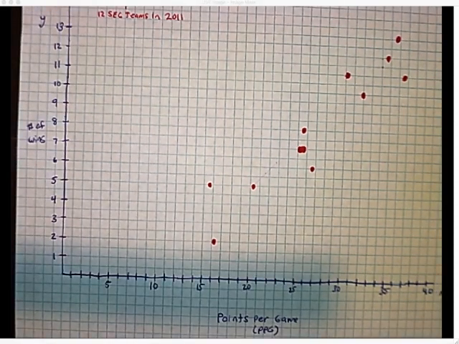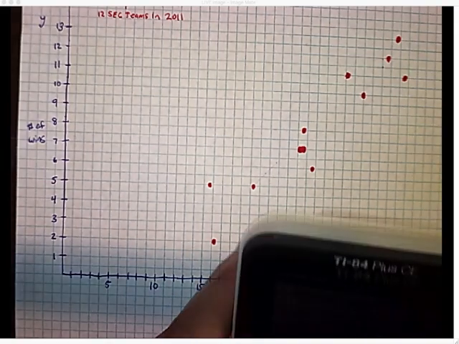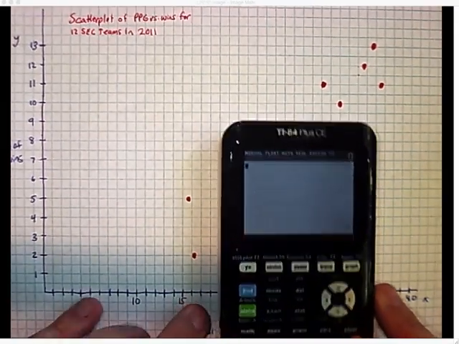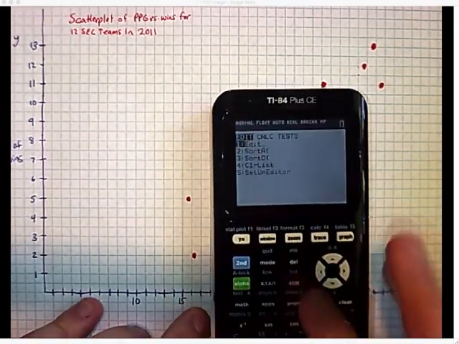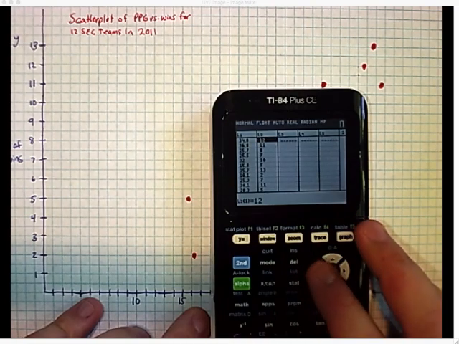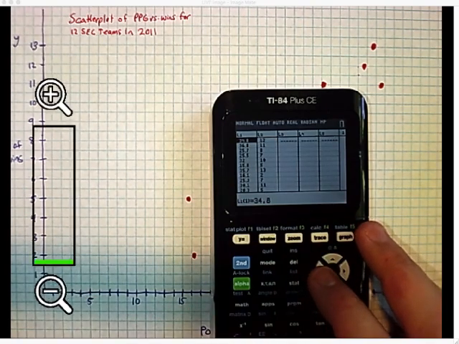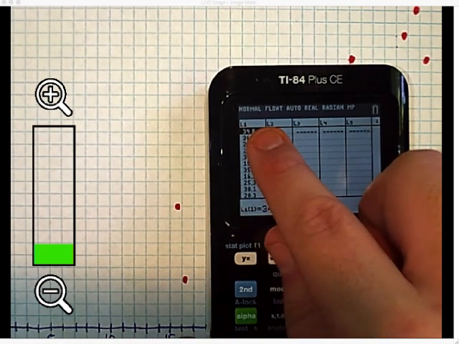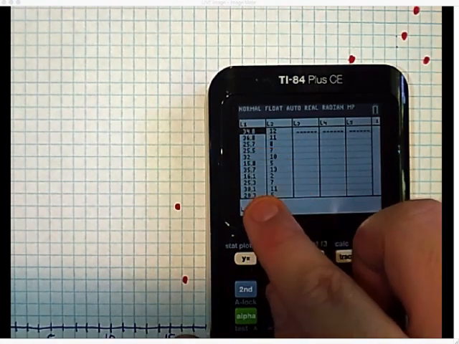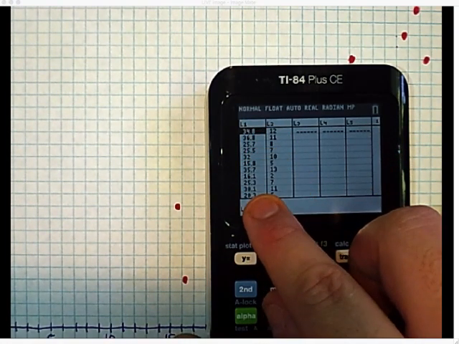Now, how do you do this on the calculator? Well, it's fairly straightforward. You're going to have to put your data into 2 lists. So I'm going to go stat edit. I've actually already done this. What I did is I put every team's points per game in list 1.